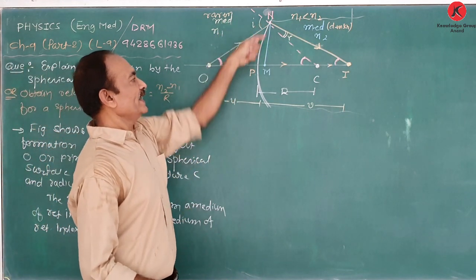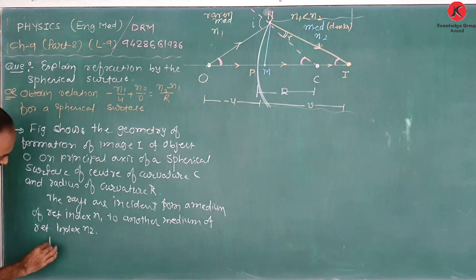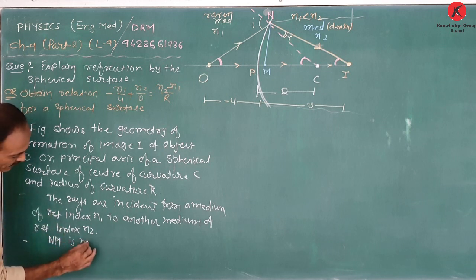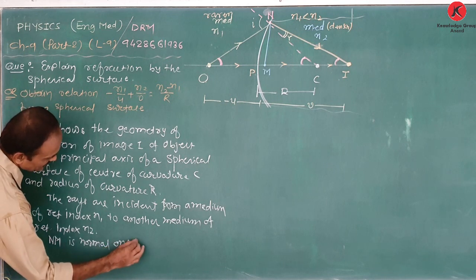Next, NM is the normal on the principal axis.